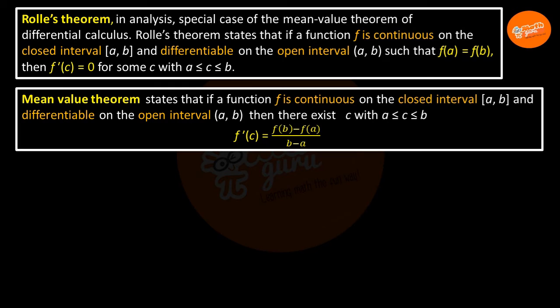And this is the mean value theorem, with similar conditions. f is continuous on the closed interval [a, b] and differentiable on the open interval (a, b), and there exists a c between a and b such that f'(c) equals (f(b) minus f(a)) divided by (b minus a).